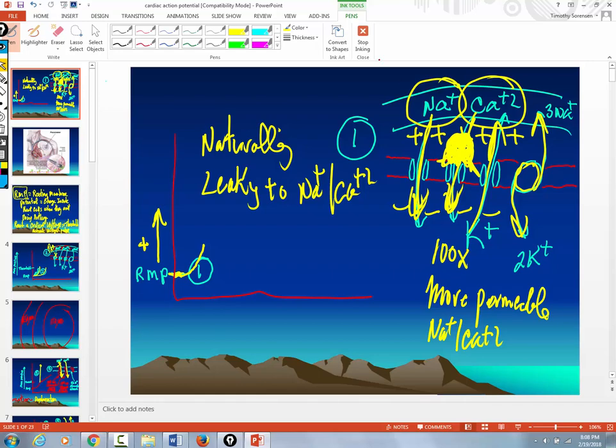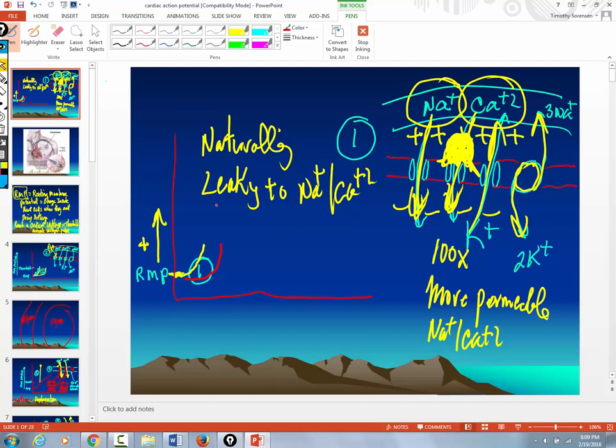What's the only thing that's contributing to the rise in the resting membrane potential closer to threshold? Sodium. So now think, will it take longer to reach threshold or shorter? What will happen to the person's heart rate if you give them a calcium channel blocker? It will slow down. That's why calcium channel blockers can be used to treat fast heart rhythms.